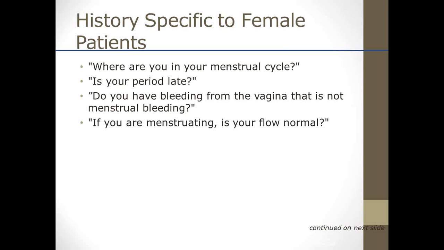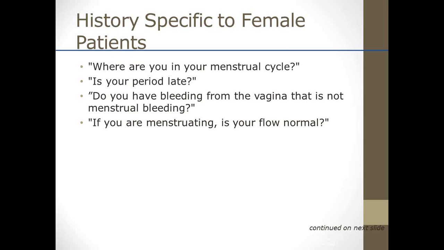It causes a great amount of very sharp abdominal pain, and if it ruptures, we run that same risk of having peritonitis set in. So this is important for us to know with women, especially in those reproductive years. So is your period late? Oftentimes when this happens, the women don't even know yet that they are pregnant, so we want to start asking this question early.